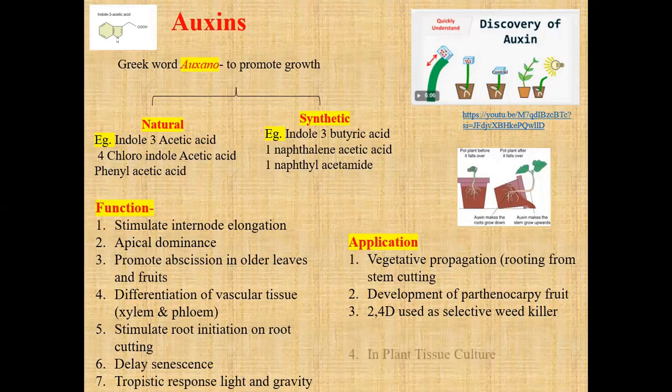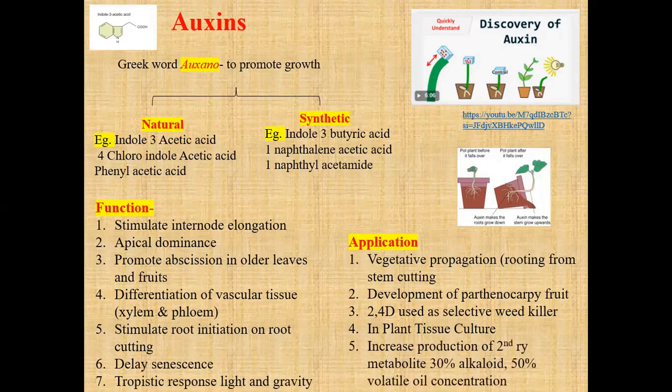They are also responsible in plant tissue culture. Suppose you are going to develop a new plant variety by utilizing the plant tissue culture technique. In this case, if you provide auxin, fast growth of the plant occurs, or the tissue culture occurs.